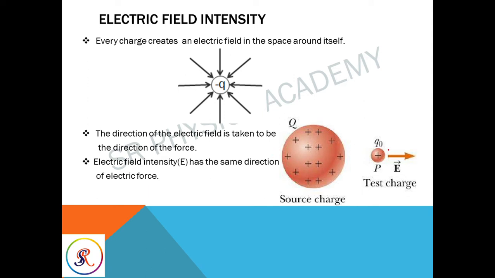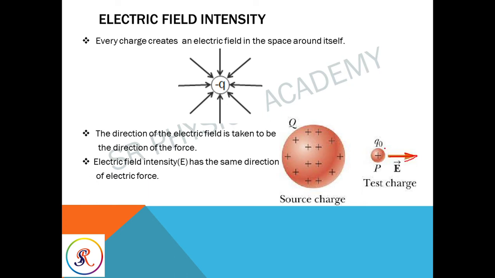Here I am taking the source charge as positive. When the two charges are the same, what will happen? It will repel. So here, the direction of the electric field: it will repel, which means the force on the test charge will go in this direction.